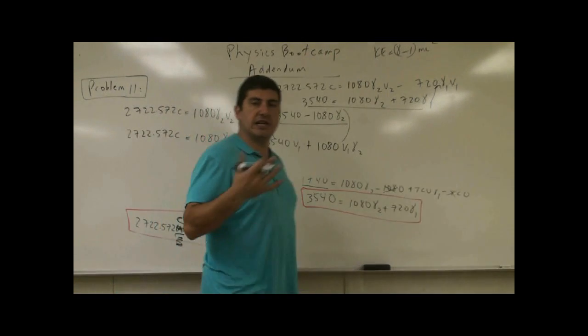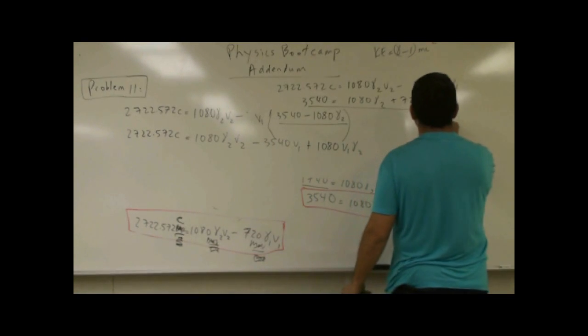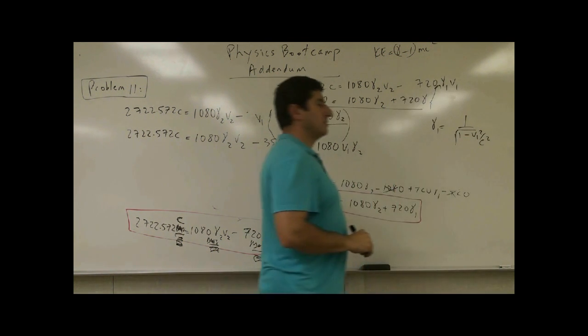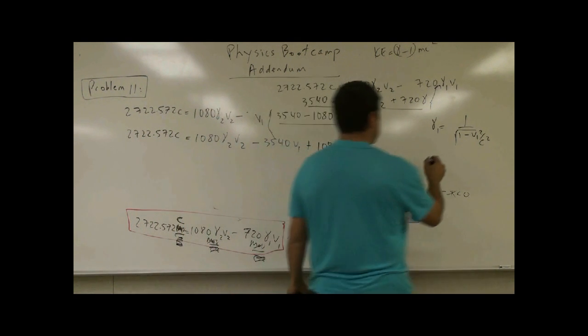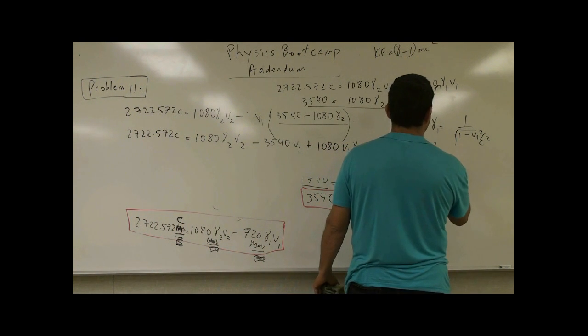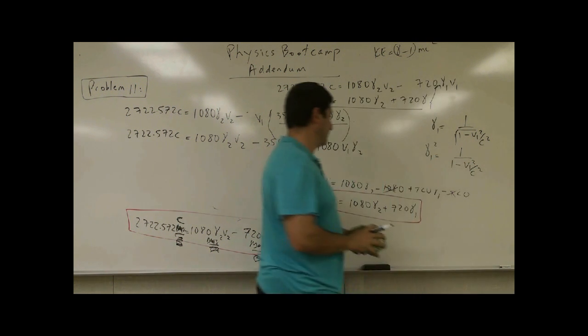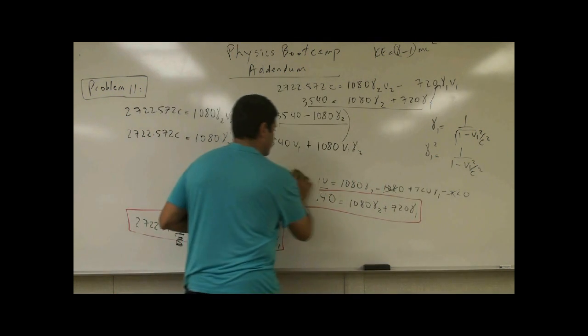Okay, what's the relationship? Well, I have gamma 1 is equal to 1 over the square root of 1 minus v1 squared over c squared. So if I square both sides, gamma 1 squared is 1 over 1 minus v1 squared over c squared, right?